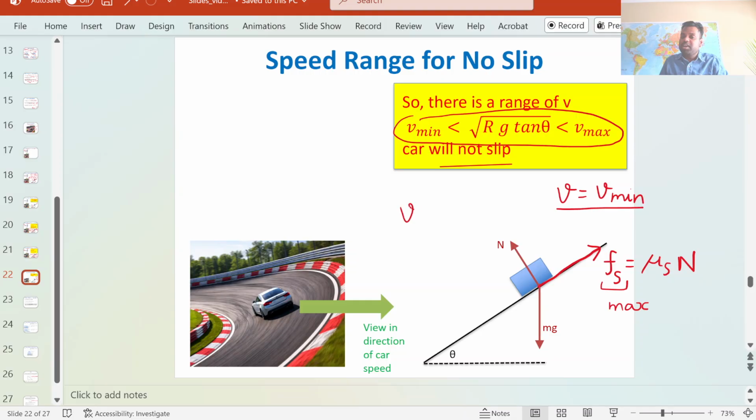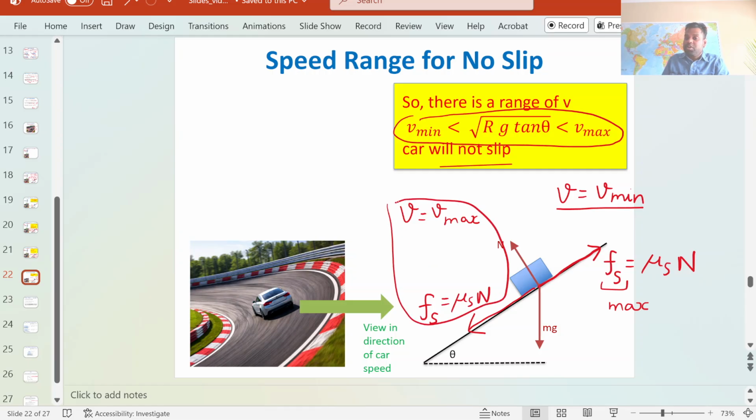And if the car is going at the maximum speed, the car wants to slip up the slope, and the friction will try to stop the slipping, with Fs equal to mu Sn, which is also maximum. So at max and at min speed, you see how the direction of friction depends on the tendency of movement.